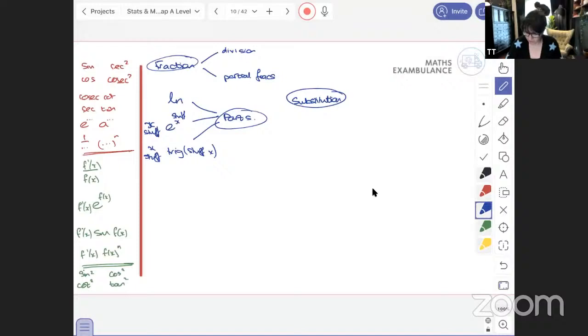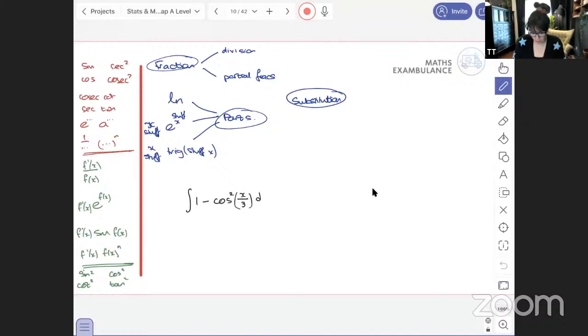Okay, here they are. How mean shall I be to you today? Not that mean, I think, because moments are quite difficult. I will give you 1 minus cos squared x over 3. And I'm not going to do that one because I don't want to.